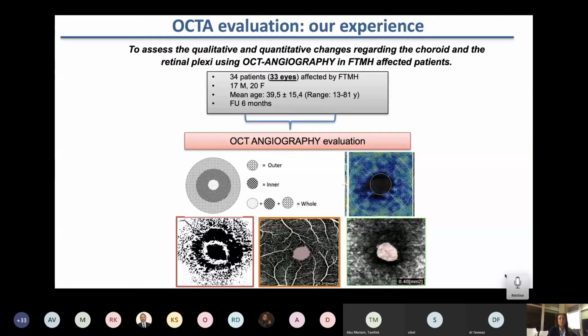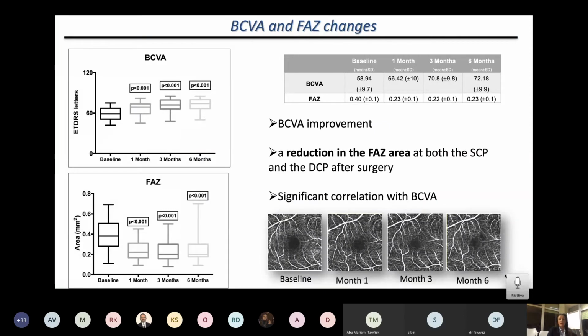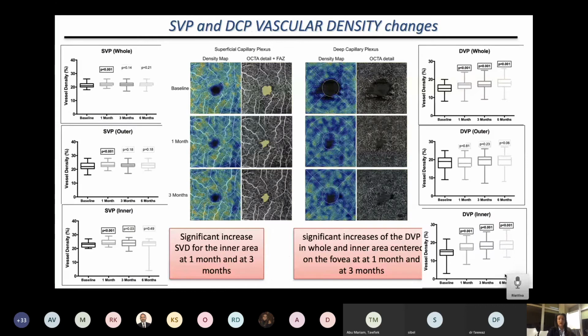With this in mind, we made a study to assess the qualitative and the quantitative changes using OCTA in patients affected by full thickness macular hole. In agreement with the literature, we saw a reduction in the phase area at both the superficial and the deep plexus after surgery, and it was correlated with best corrected visual acuity.